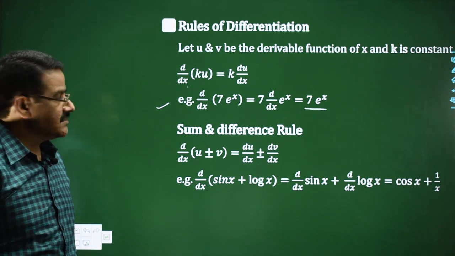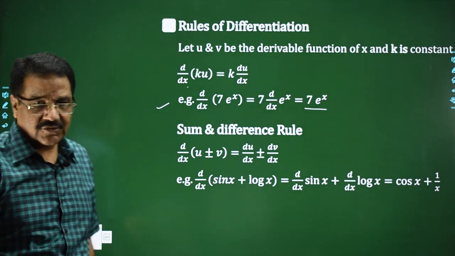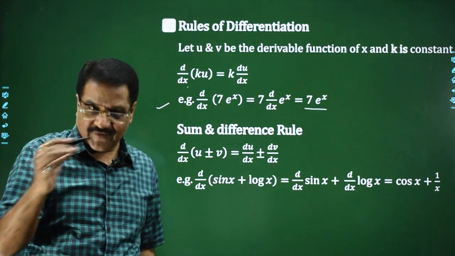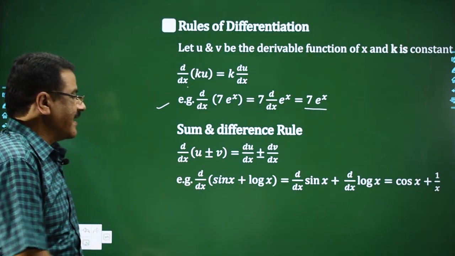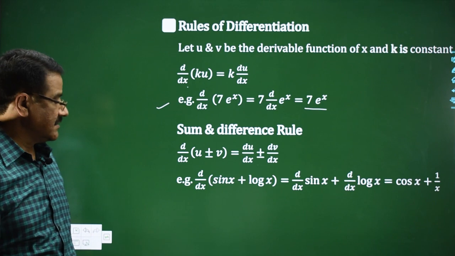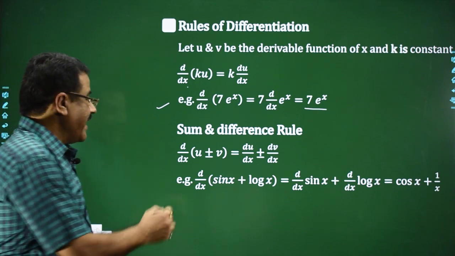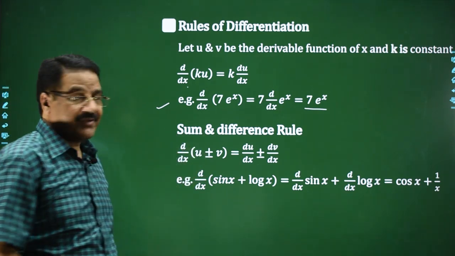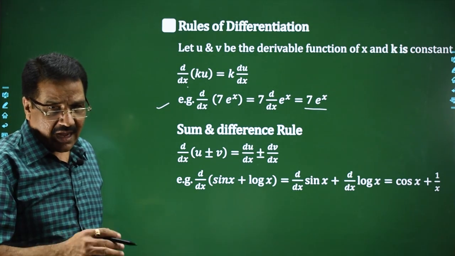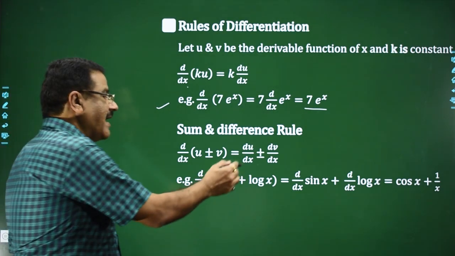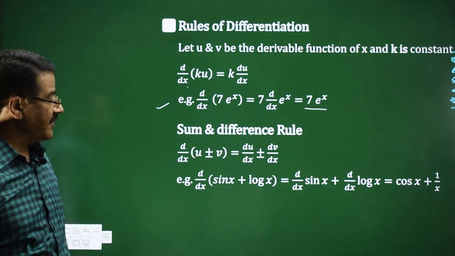Now, next rule is sum and difference rule. Actually, sum rule and difference rule are different, but just to save the time I have combined it by writing down plus or minus. So, d by dx of u plus or minus v, what to do? We just have to take the derivative of u and v separately by writing down plus or minus in between.